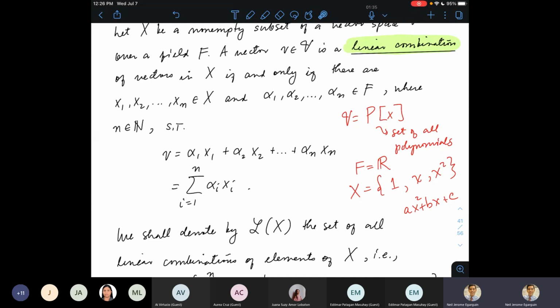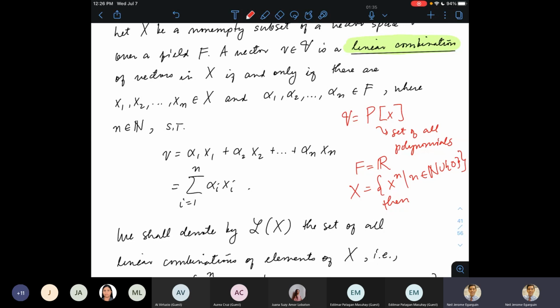Tama? So if I will make this to be the set x to the n, where n is any natural number including 0, then do you agree I will be able to generate P[x]?